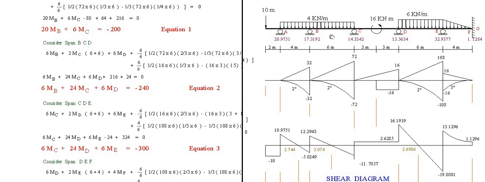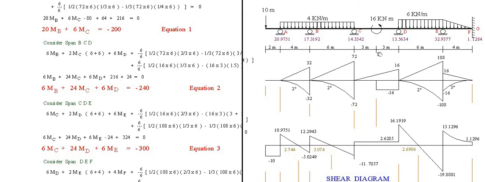First moment of BCD, M1 L1 or 6 moment at B, twice the moment at the center or C, twice. Then the sum of 6 and 6, L1 plus L2. Then moment on the right, D times the L2. The span of BCD. CD is the second span.